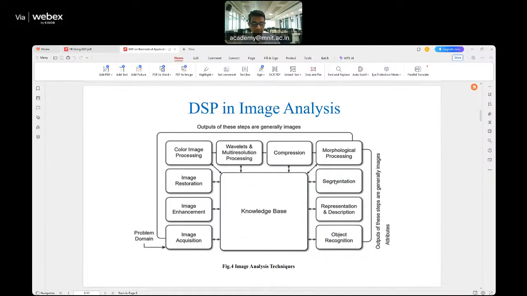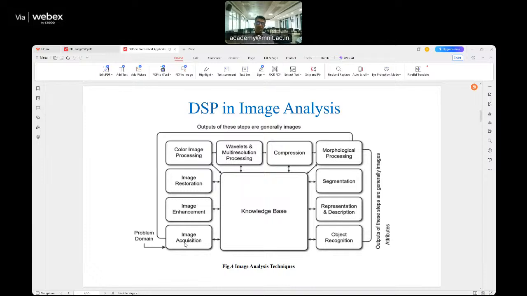So when we come to DSP in image analysis, what is in image analysis? It is basically image acquisition, as we discussed, which is one part.